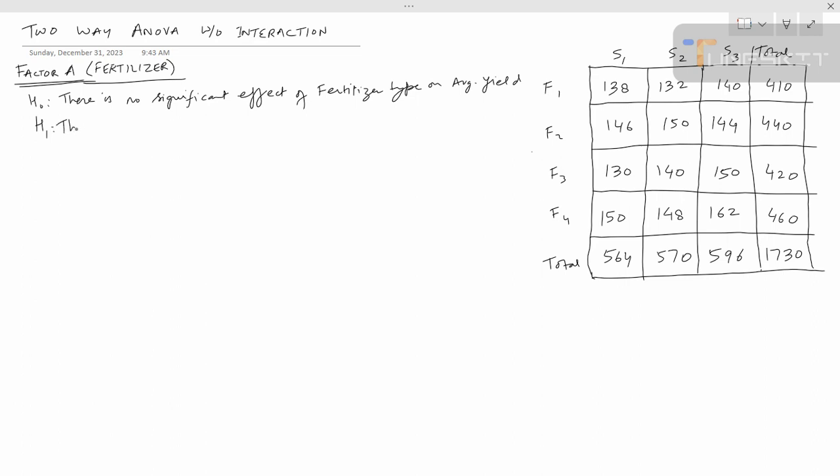H1: there is a significant effect of fertilizer type on average yield.